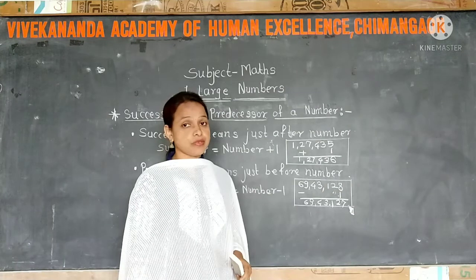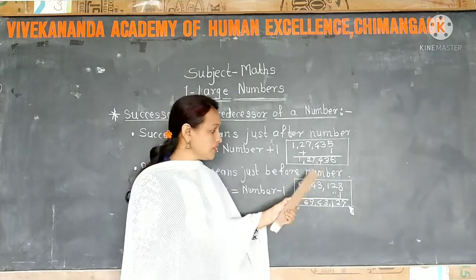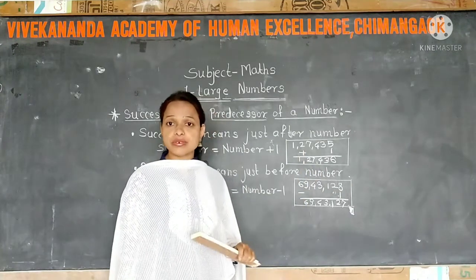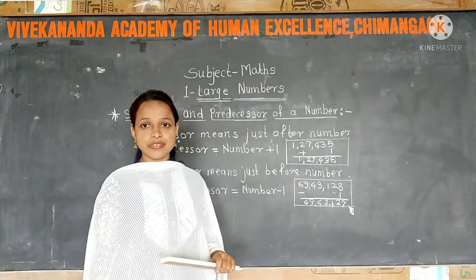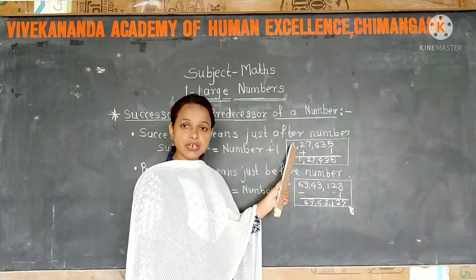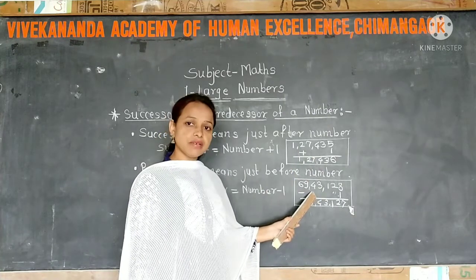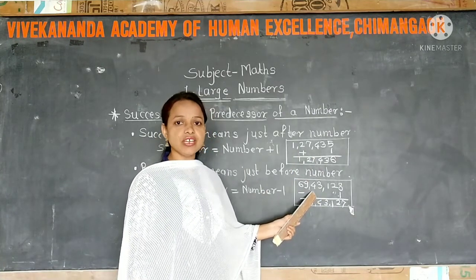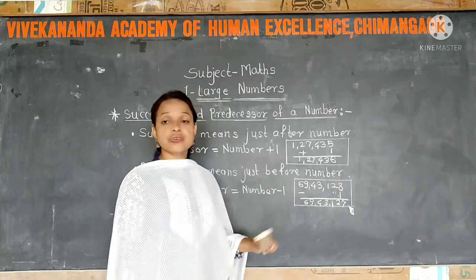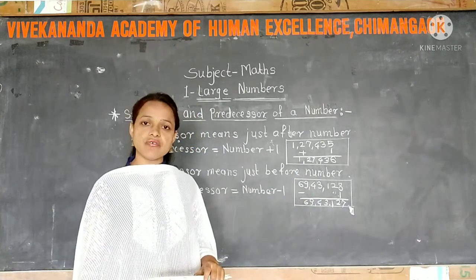See students, the steps are the same, only here we are talking about larger numbers. In this way, by adding 1 to a given number you get the successor, and by subtracting 1 from a given number you get the predecessor. In this way, you can find the successor and predecessor of a number.